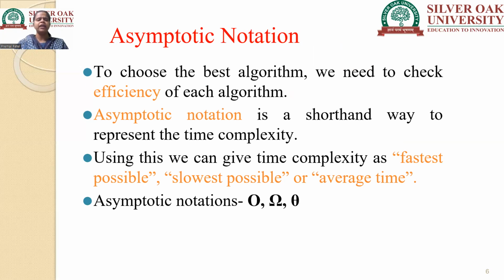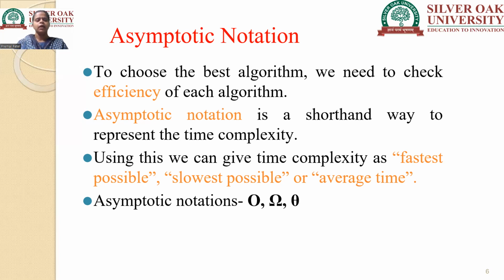According to its efficiency, we need to define its complexity, which we can do with the help of notations known as the asymptotic notations. To choose the best algorithm, we need to check the efficiency of each algorithm. Asymptotic notation is a shorthand way to represent the time complexity. Using this, we can give the time complexity as the fastest possible, slowest possible, or the average time.